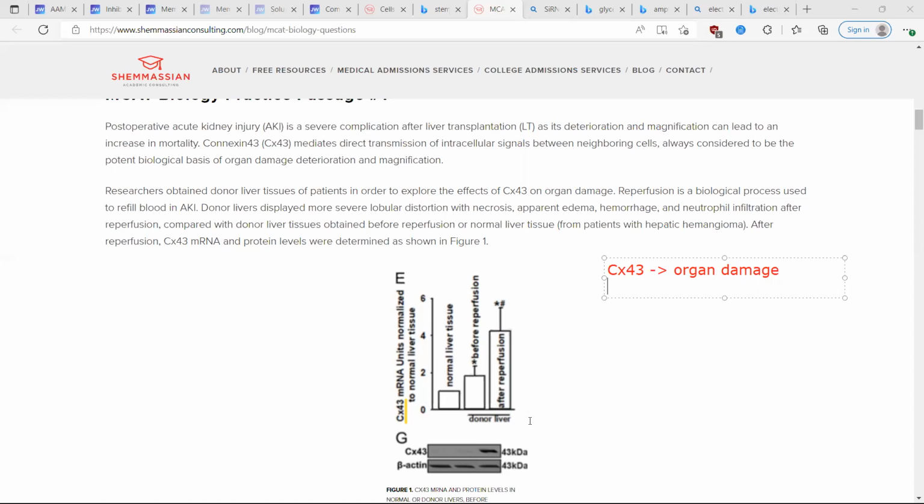And then after reperfusion, the amount of CX43 is even more increased. So that tells us that the donor tissue has increased CX43, and also that CX43 increases after reperfusion. This is basically the main stuff that you could get from this graph.